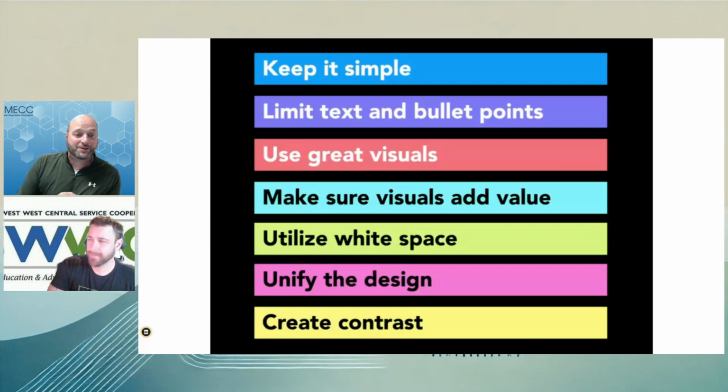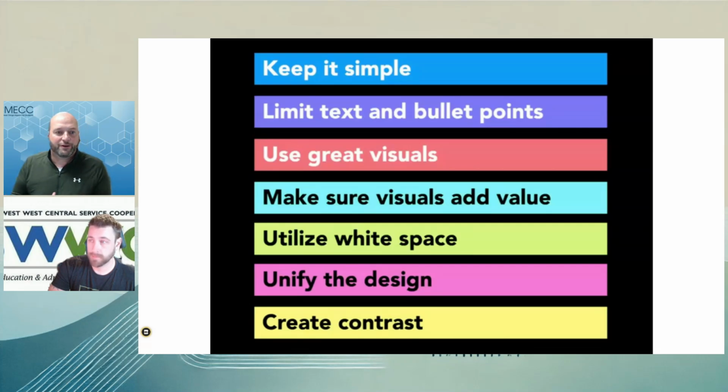Then we'll talk about visuals and how the visuals that we're going to use are actually going to add value, and they're going to be important in helping to tell the story of your presentation. We'll show, hopefully, how we're going to correct some of our mistakes in utilizing white space, and again, then trying to bring the design of the overall presentation together so that you're using fonts appropriately and not too many of them, that you're following color schemes that mean something, that when you bold something or you underline it or you use all caps, whatever that happens to be, there's a purpose for it and it's a consistent purpose throughout the presentation.